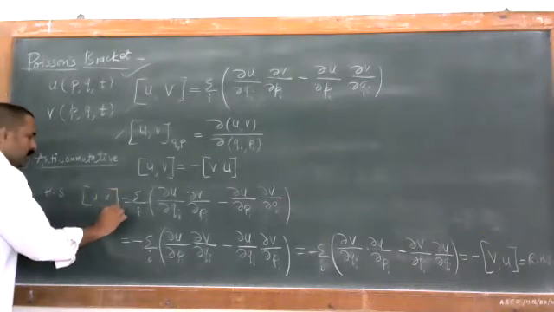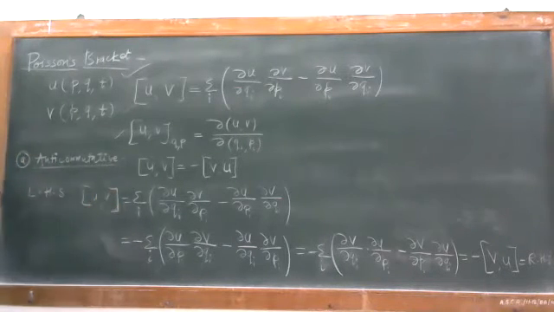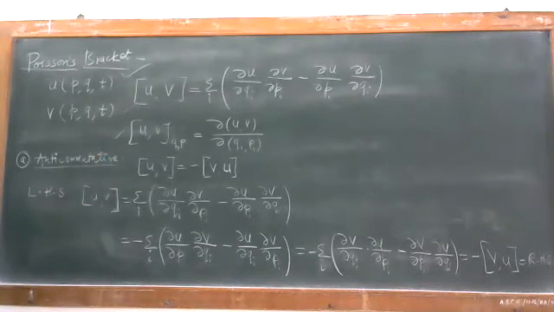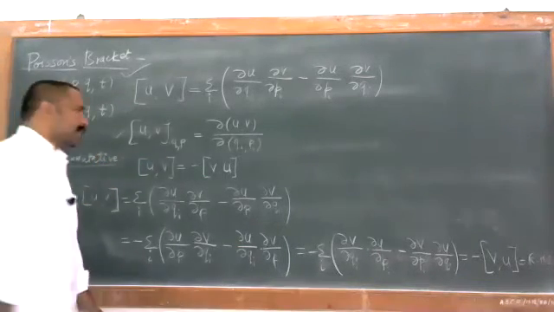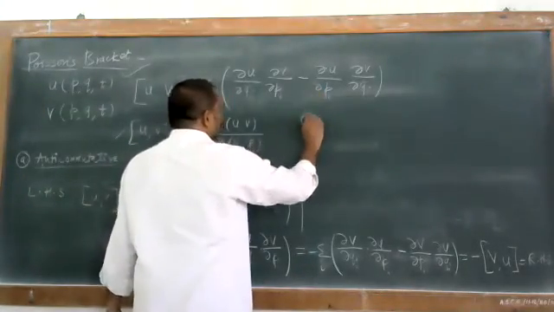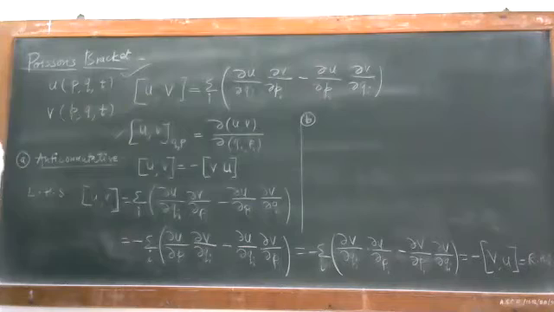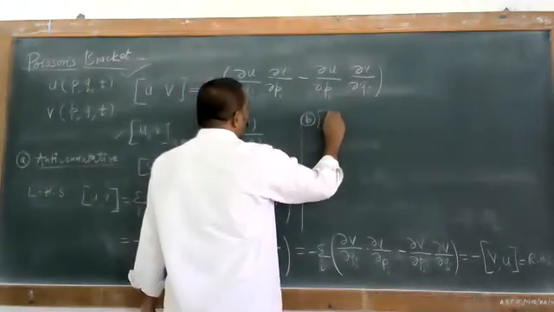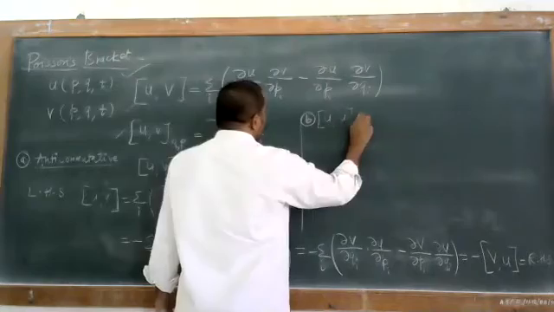So we have that u, v is equal to minus v, u. So this is the first one. Then the second one. The second one is somewhat simpler. The second point is to show that the Poisson bracket of u, u is equal to 0.